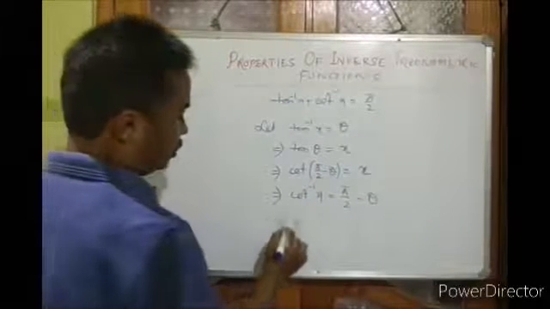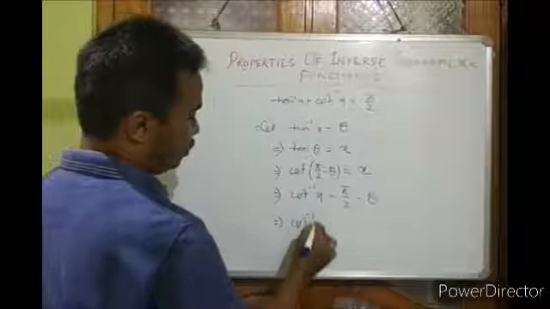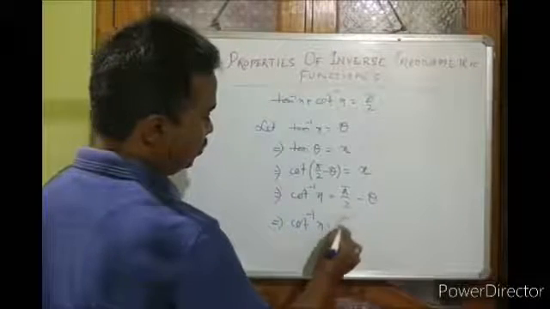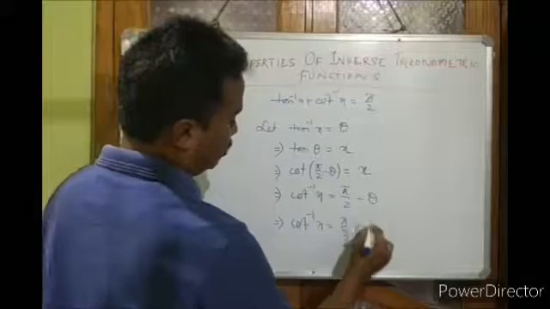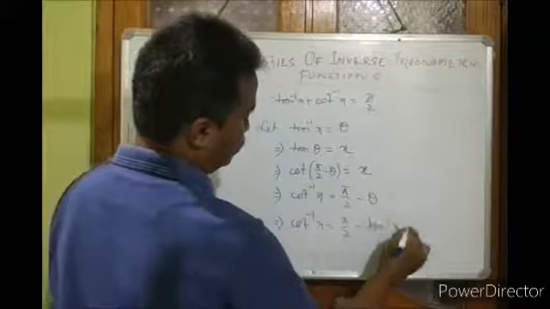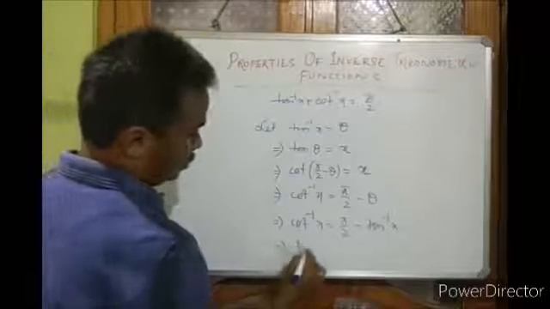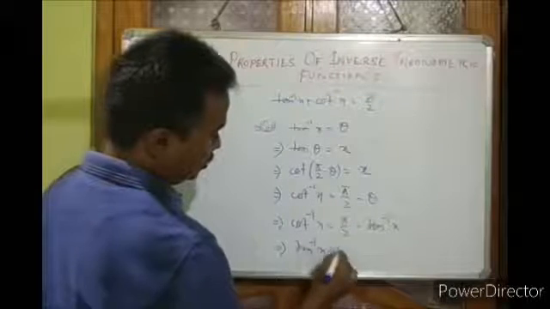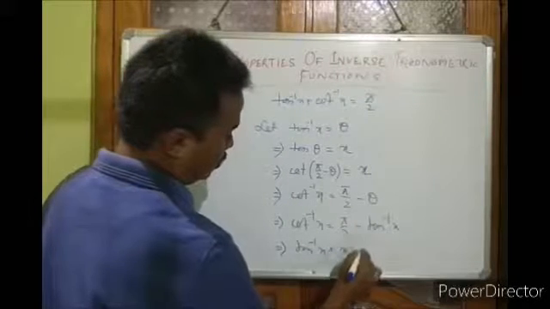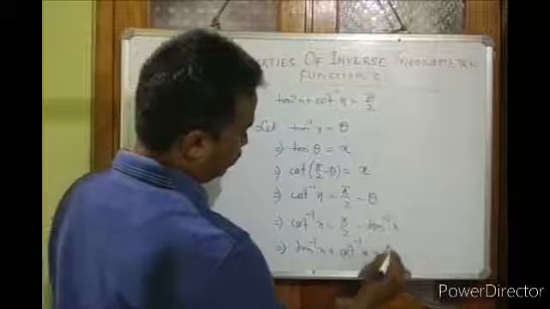So cot inverse x is equal to pi by 2 minus tan inverse x. So this implies tan inverse x plus cot inverse x is equal to pi by 2.